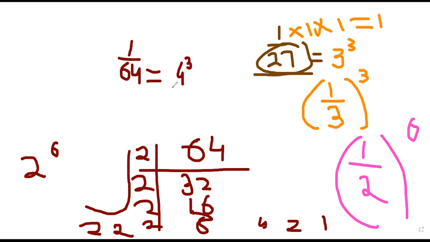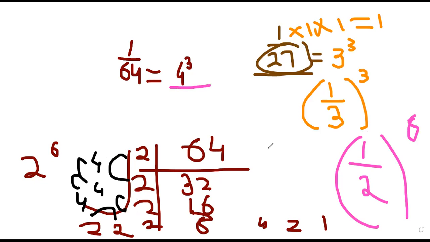Now you are thinking, why did I give 4 to the power 3 when the answer is power 6? Because listen here carefully. 2 twos are 4, 2 twos are 4, 2 twos are 4. Here we got 3 fours.